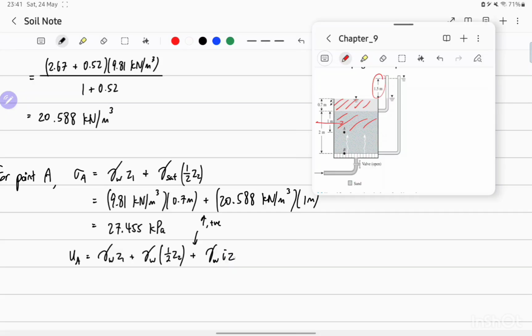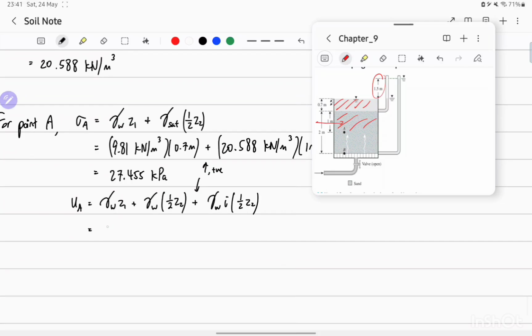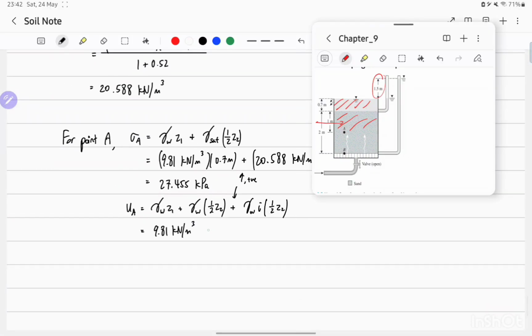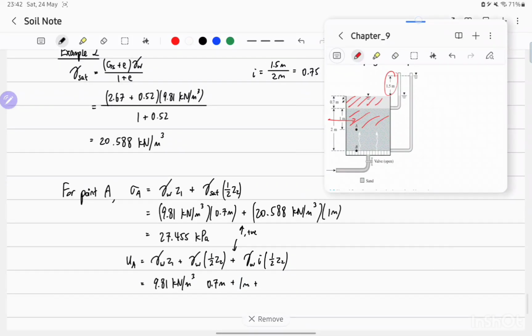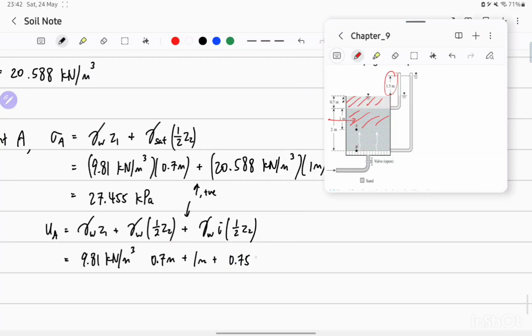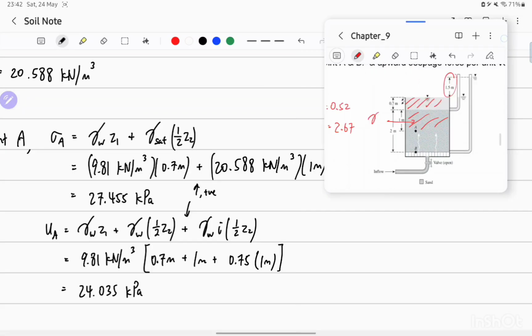This z is the position of point A. So we factor the unit weight of water out: Z1 0.7 meter plus half of Z2 1 meter plus the hydraulic gradient 0.75 times 1 meter, which gives .035.